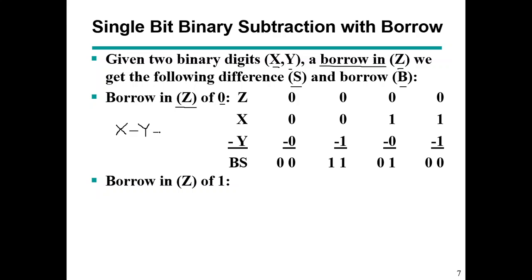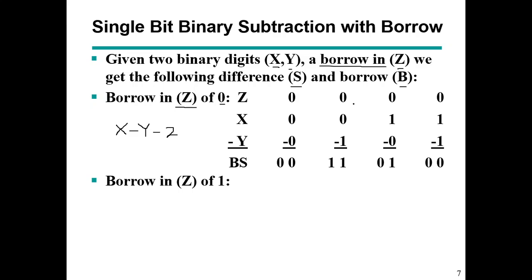So essentially we are doing this calculation, x minus y minus z. In the first case, we assume that there was no borrow. In the second one, it would be a little different. So let's see.